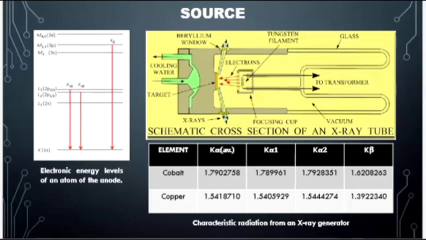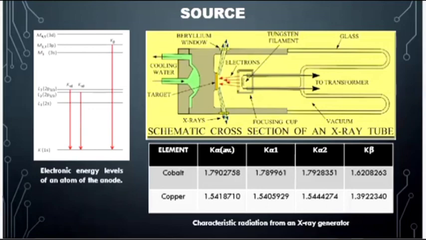But in order for these electrons to go from a higher energy level to a lower one, some energy must be released. The energy released is in the form of X-rays.